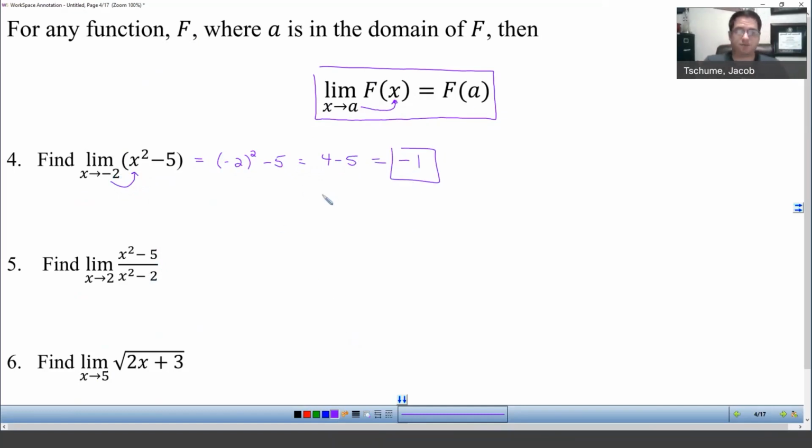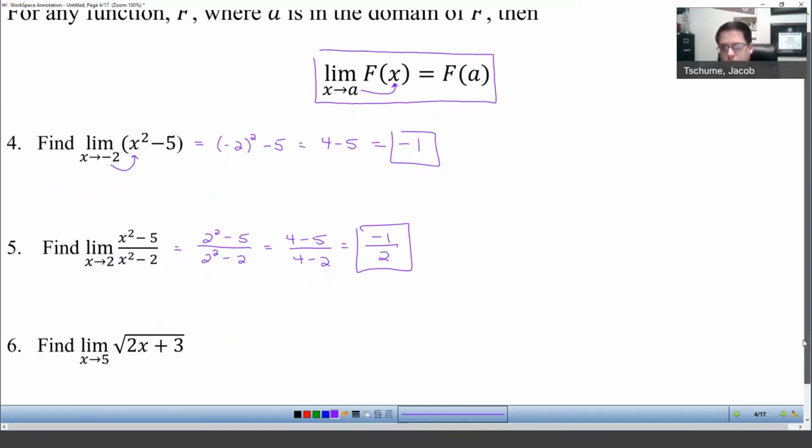And that's the answer to number 4. Same idea with number 5. If there's more than one x value, just plug it into both. So this would end up being 2 squared minus 5 over 2 squared minus 2, which would be 4 minus 5 divided by 4 minus 2, which is negative 1 over 2. And that is your answer to number 5.